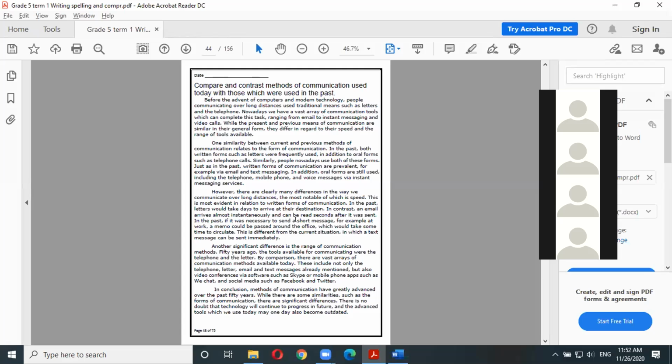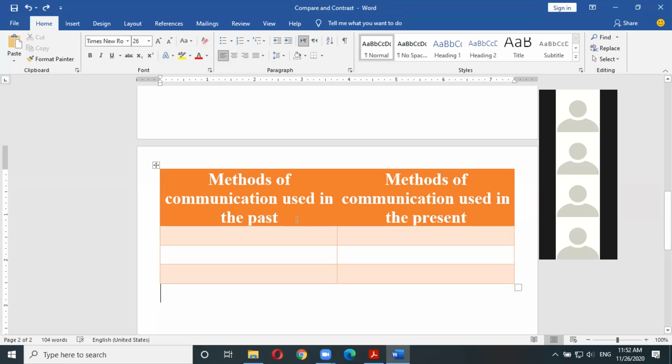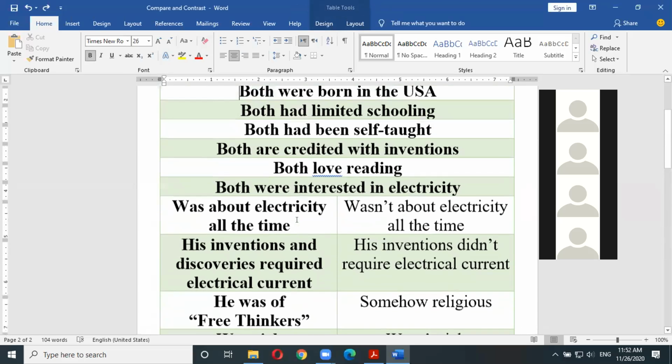Omar Mohsen, the passage is page 43. What are you going to do? You're going to read the passage, extract the information, just as here. Where were you?